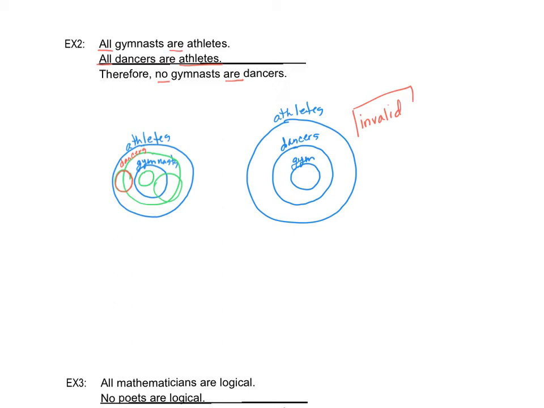So remember, valid, all possible diagrams will support your conclusion. Invalid, all you need is one diagram that does not support the conclusion, that does not make the conclusion true. And that's the same as if we were looking at a truth table and we come up with one false. If you just get one false, the argument is invalid.